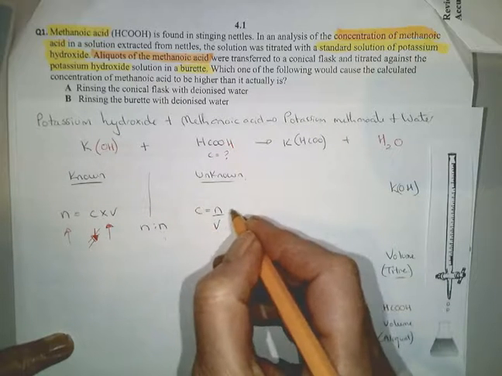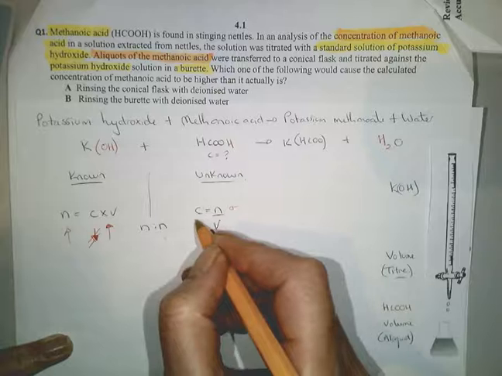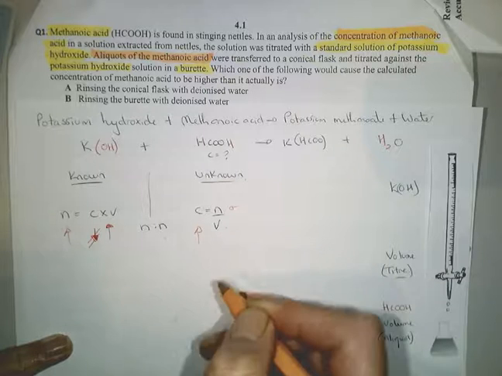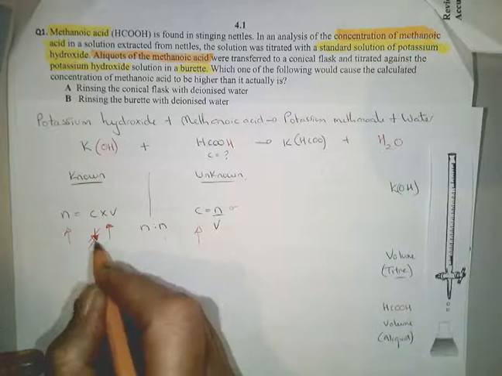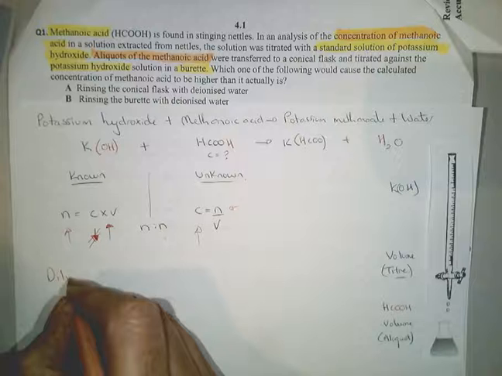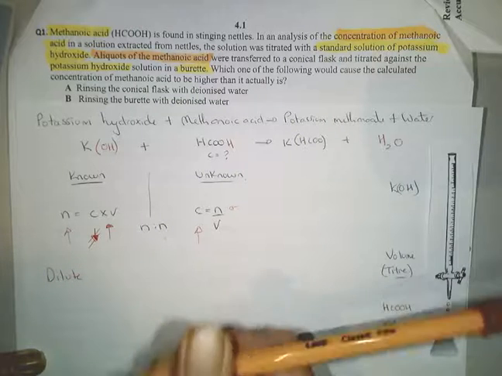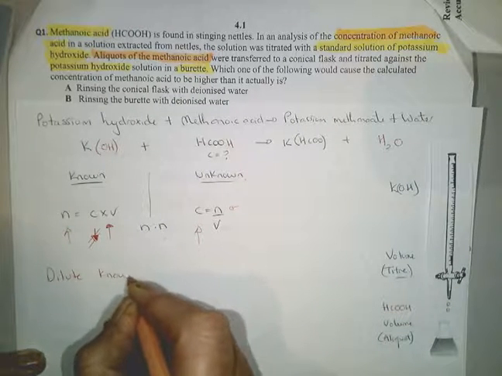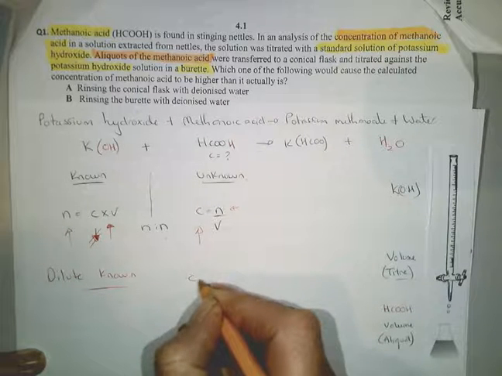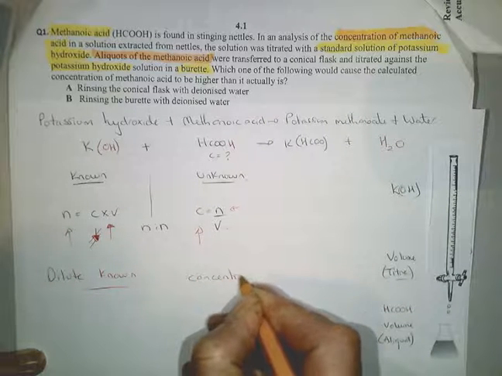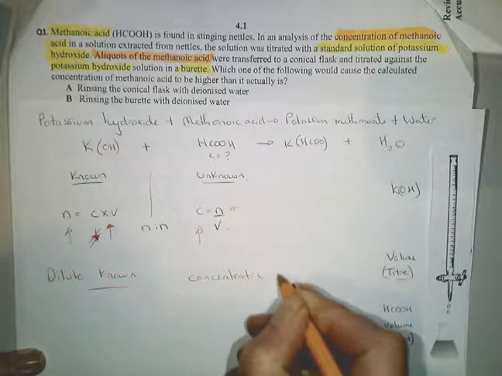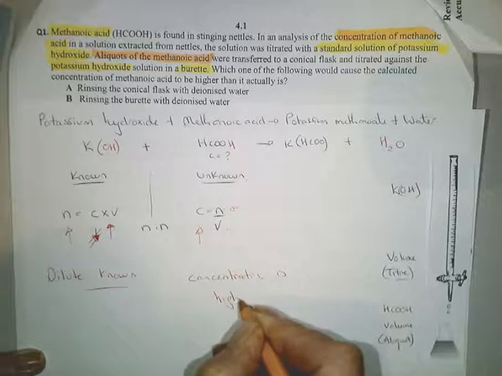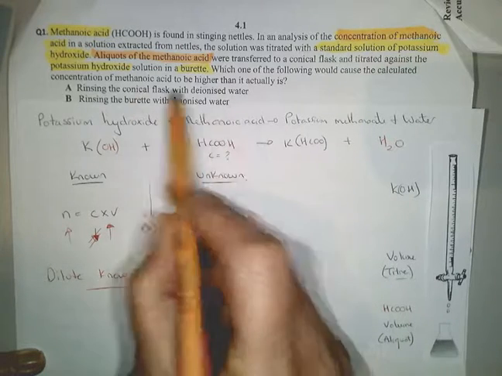So if this number goes up, then your concentration has gone up. So strangely enough, if you dilute the known that was in the burette, then the concentration of your unknown has to go up. And that is the one that we're trying to find, which one will actually be higher. So it's B.